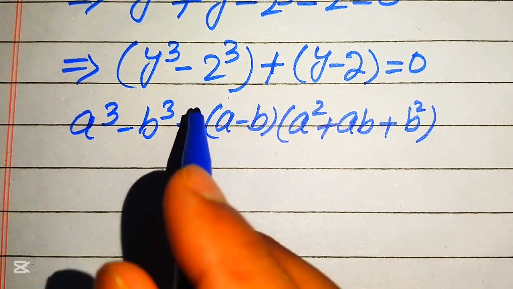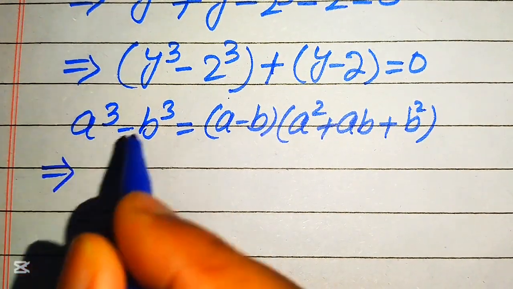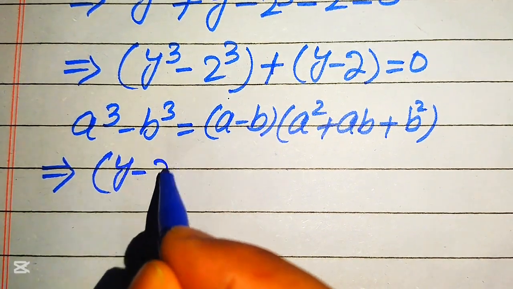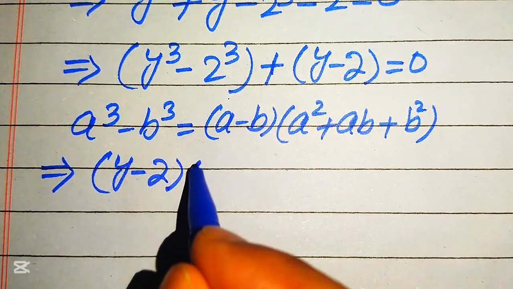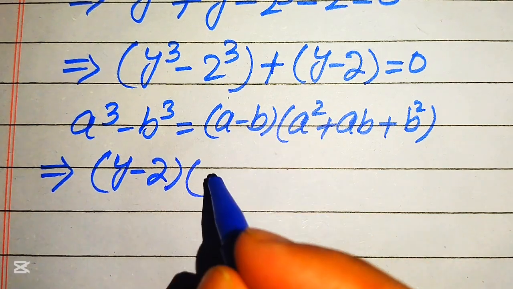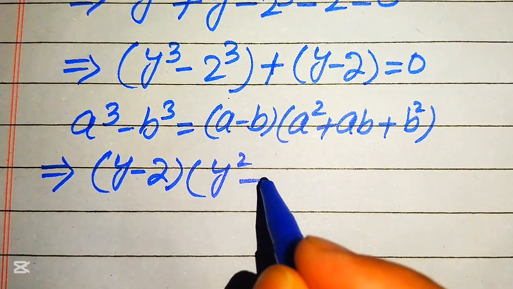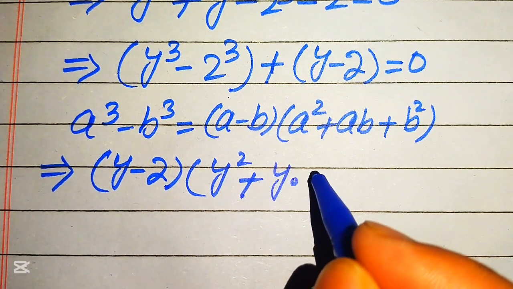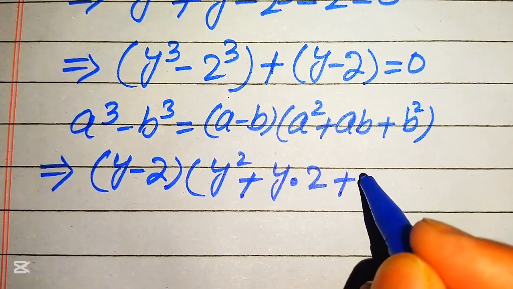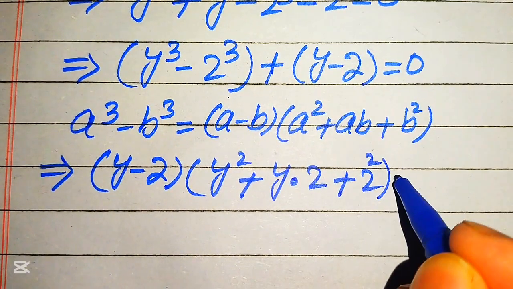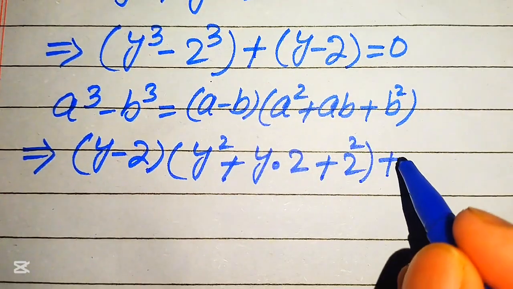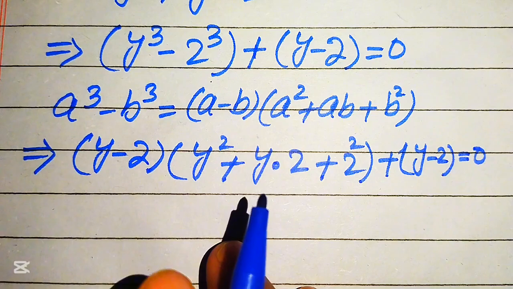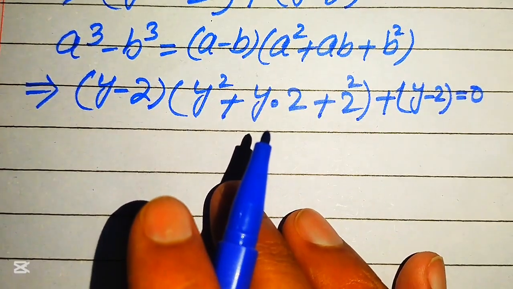According to this formula we write our first term in this form: a minus b, where a is y and b is 2, times a squared, so y squared, plus ab, so y times 2, plus b squared, so 2 squared, and plus here we have y minus 2, and this whole equation equals 0.